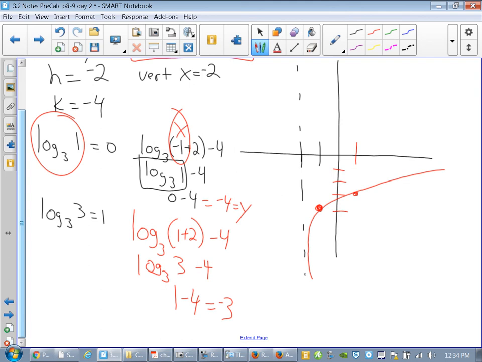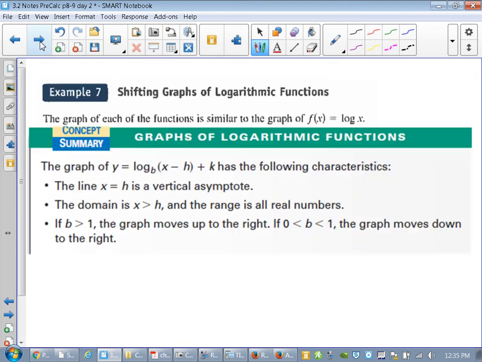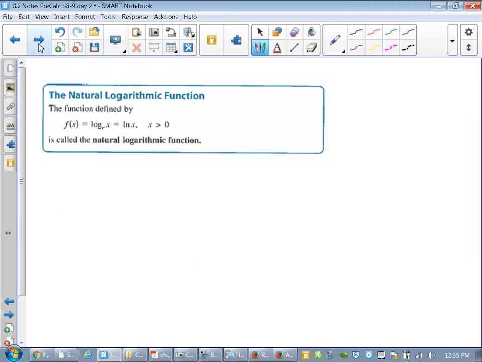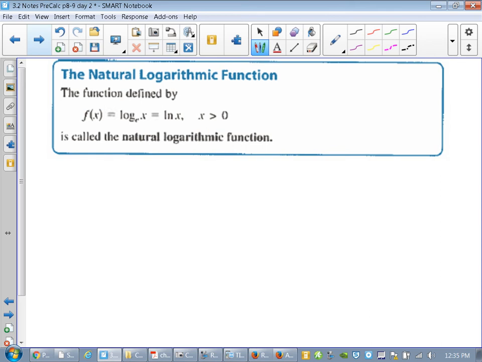How about that? Really, the only other part that's in this secondary part of 3.2 is how you rewrite e's and natural logs. Remember, as we get into the last little bit, natural log was when you had log base e of x.